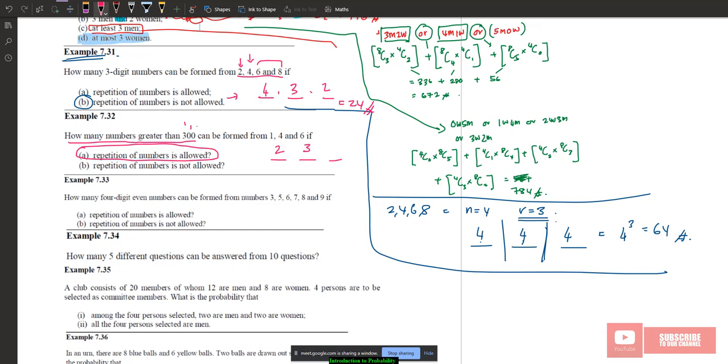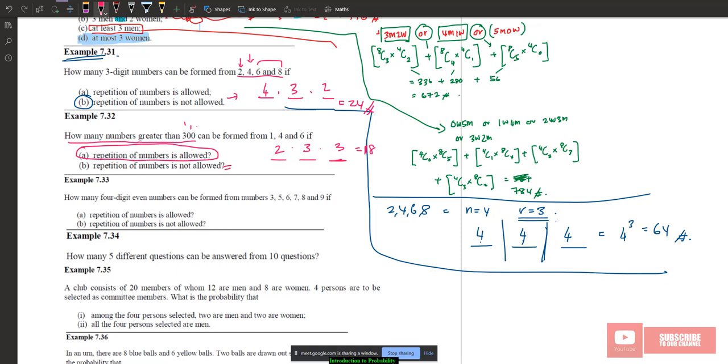For the third place, if repetition is allowed, you also have 3 choices. So this is 2 multiplied by 3 multiplied by 3, which is equal to 18. So you have 18 choices to form a number greater than 300 from 1, 4, 6.